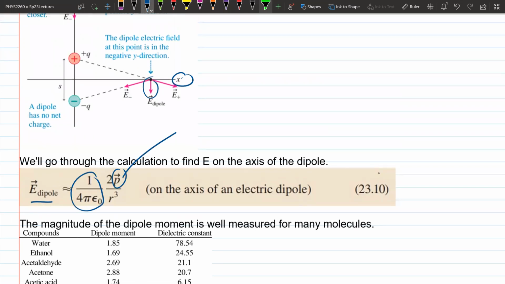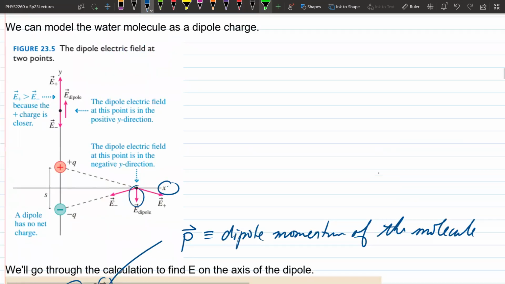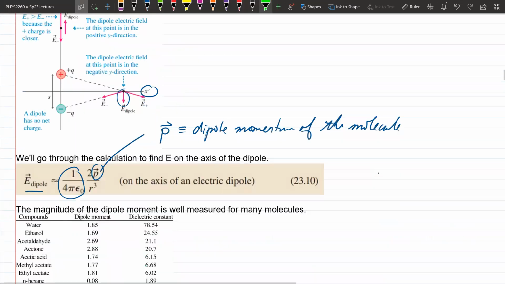What the heck is P? P is the dipole moment of the molecule.